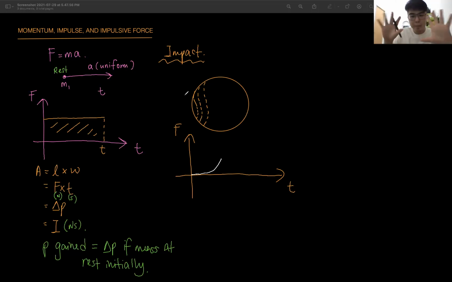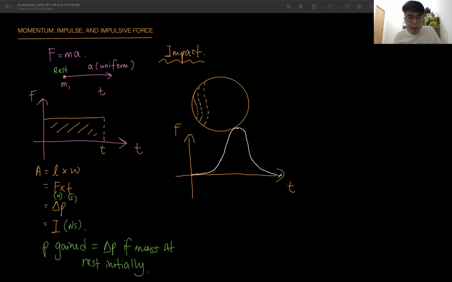At some point, it will start to move the ball. So the force rises from very small, eventually reaches the peak, and then comes back down. This peak is when the ball starts to move. So this is the force over time.